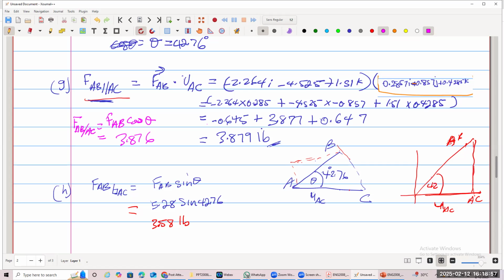And if I ask you for the 90 degree to it, you know it's just the sine of the same angle, because it's like a right angle triangle right there. So one vector projected onto the other, you get it parallel or you get it perpendicular. Once you use the formula, you're going to get it right.